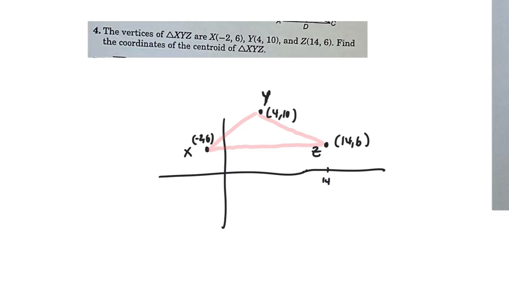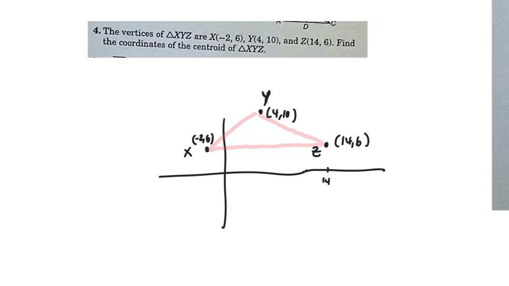You don't have to go on this mission where you're drawing all the medians and then, oh my God, now I got to find out where they intersect. That would take a very long time. The good news is you do not have to do that. You only need to analyze one median, and that's what we're going to do right now.